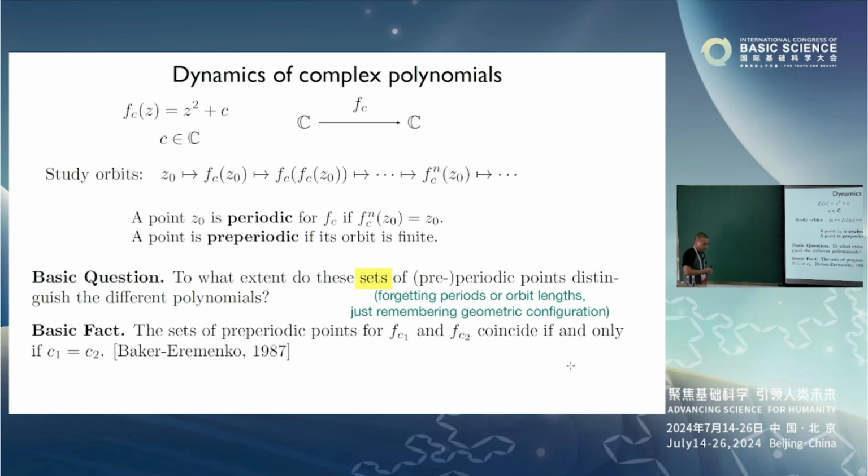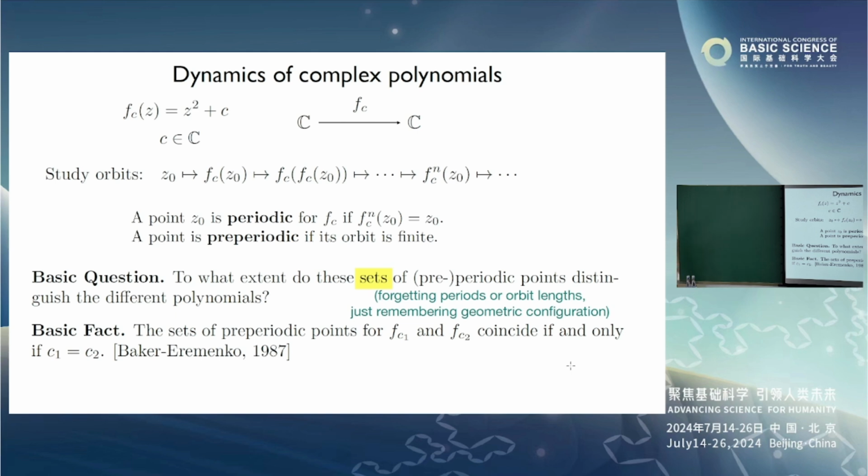So there is a basic fact by Baker and DeMarco, a few decades ago. The set of preperiodic points for f_c1 and f_c2 coincide if and only if c1 equals c2. So essentially, the set of preperiodic points determines the dynamics, right?